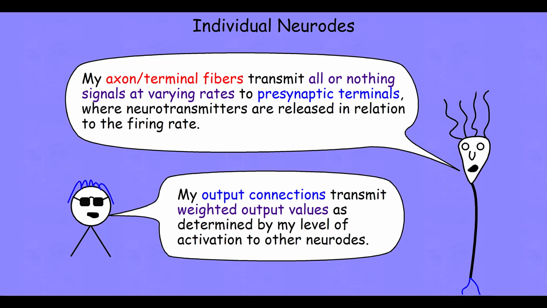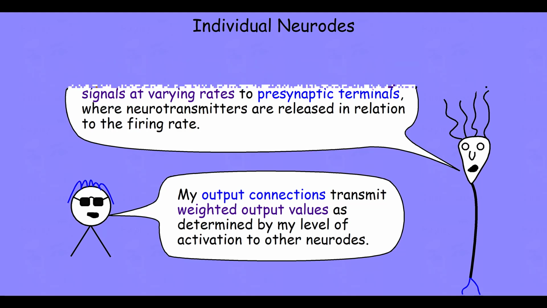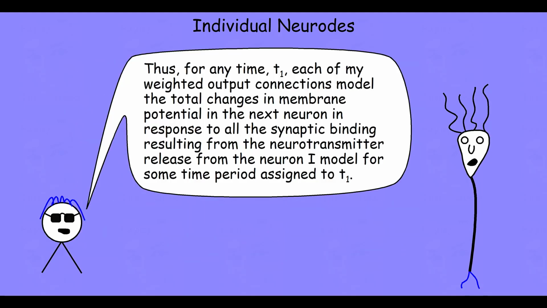In our neural network, those individual units have output connections, which transmit weighted output values as determined by the level of activation, and it will then translate that output value to the other units. Thus, for any given time, each of our weighted output connections models the total changes in membrane potential in the next neuron in response to all the synaptic binding resulting from neurotransmitter release from the neuron that individual unit models for some period of time, T1.